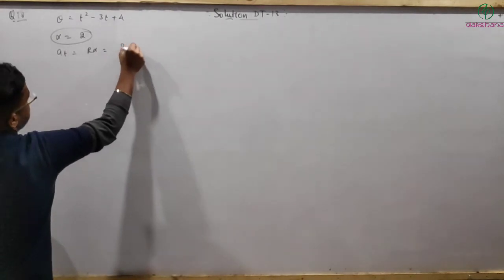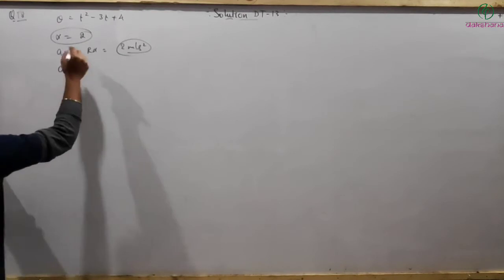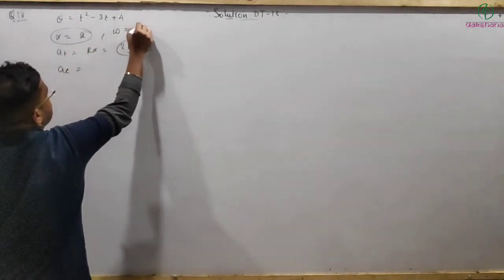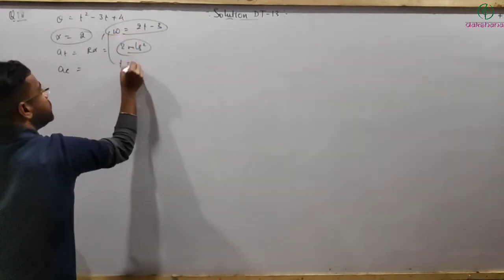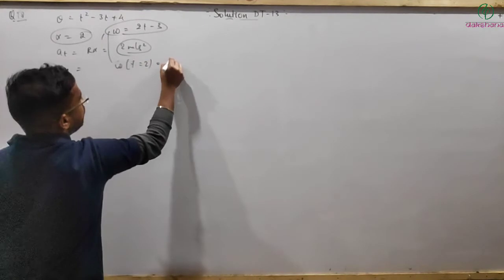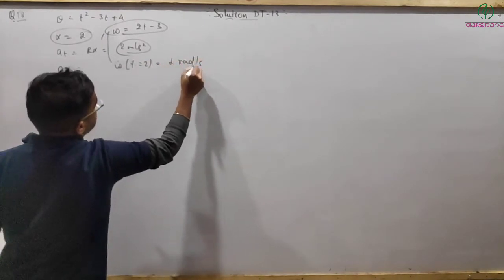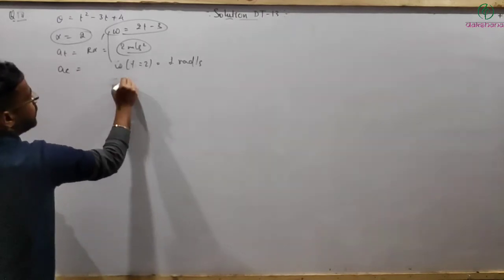So this is 2 meter per second square. Centripetal acceleration: omega will be equal to 2t minus 3, and omega at t equal to 2 second will be equal to 1 radian per second.